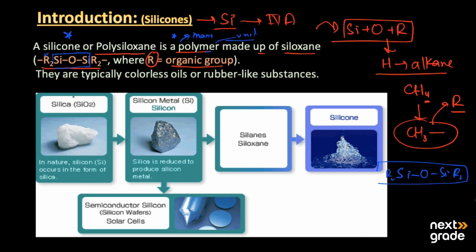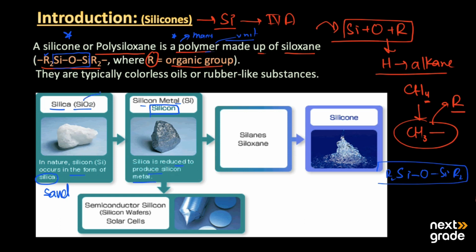In this picture, we have silica, whose formula is SiO2. Now what is silica in nature? Silicon occurs in the form of silica, which is known as sand. On the other hand, silicon is also present in the metallic form. Silica is reduced to produce silicon metal.